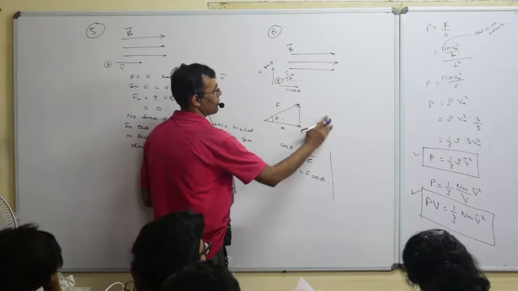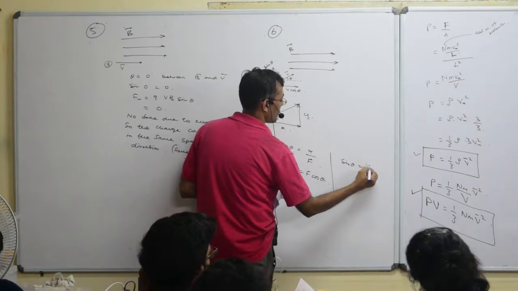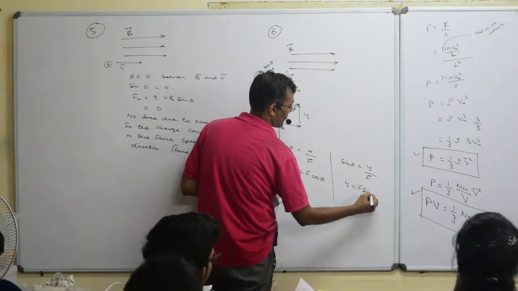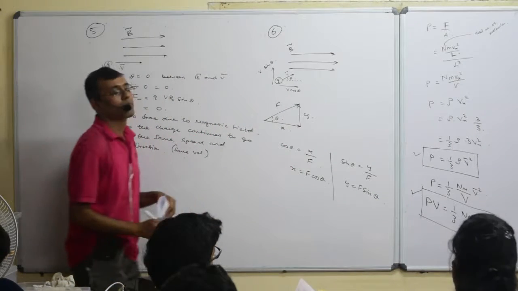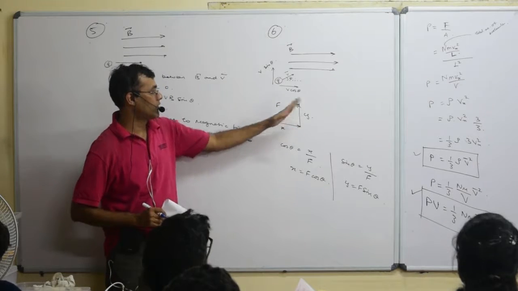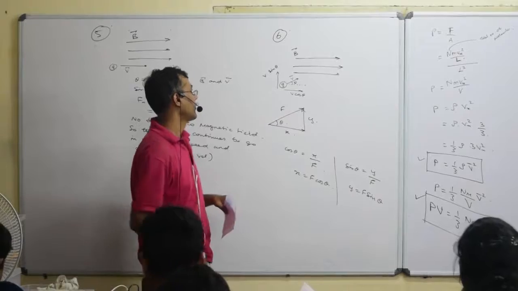Do the same thing for this one. If I take this as Y, so sin theta is equal to Y by F. So Y is equal to F sin theta. So that's simple. Whenever I have something like this, I will say this is F cos theta, this is F sin theta. Very simple, right? I'm sure you have done this many times.